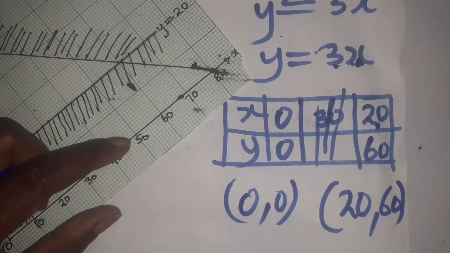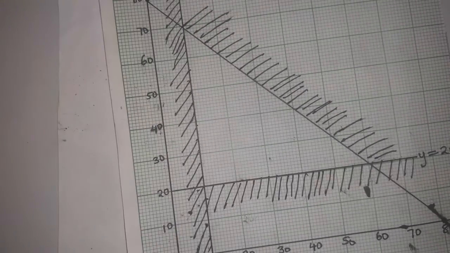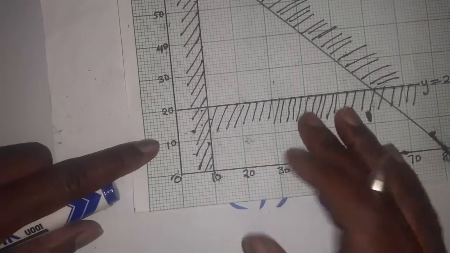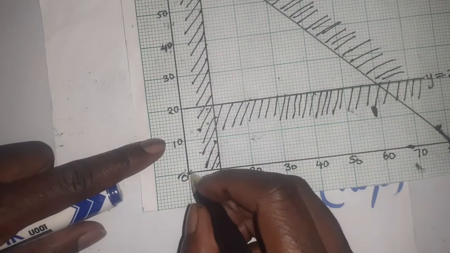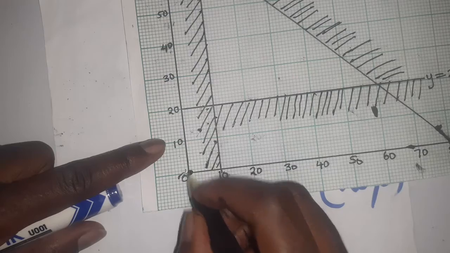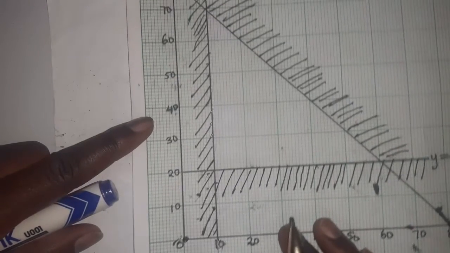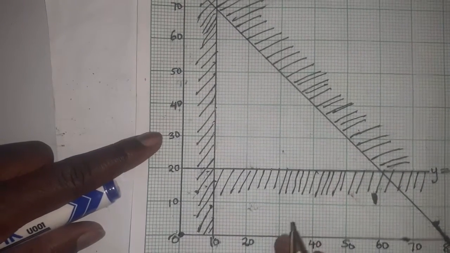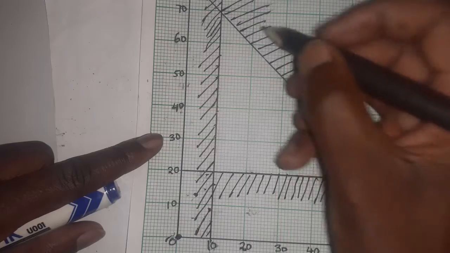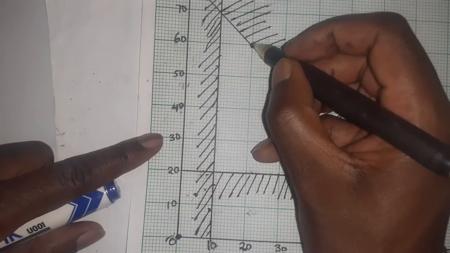Are we together? These are the coordinates that I'm supposed to plot here. What are those 2 coordinates? It's (0, 0). Don't forget, 0 is the origin, which is this point here. Then (20, 60). Where do we have (20, 60)? 20 is here, so we go up to this point. That is where they meet.